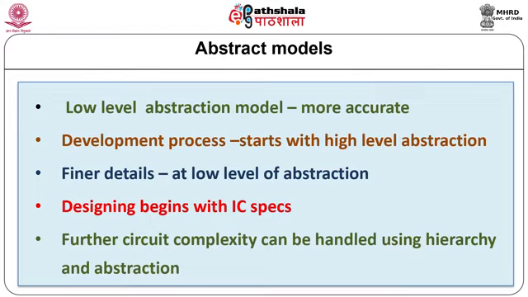Further, lower level abstraction is also developed. The designer can handle the circuit complexity with the help of hierarchy and abstraction. Hierarchy indicates that the structure of design has different levels of description, and abstraction hides the lower level details.